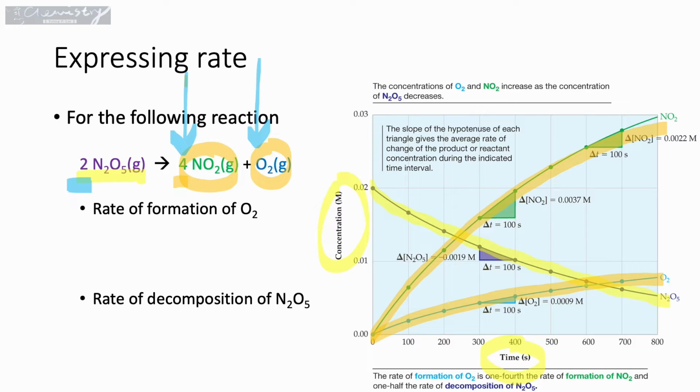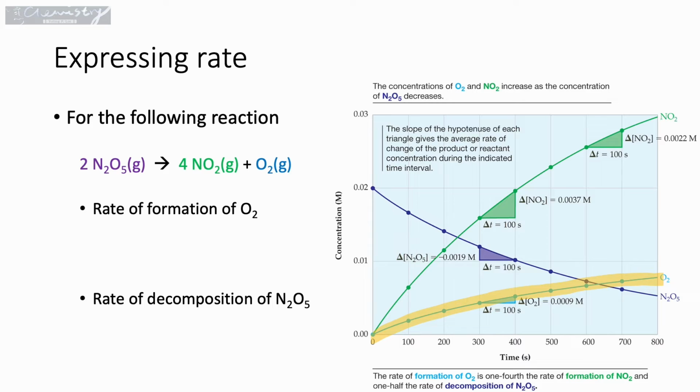So when we are looking at the rate of the formation of O2, we can say that its rate is equal to positive, because we are forming O2, change in O2 over time.